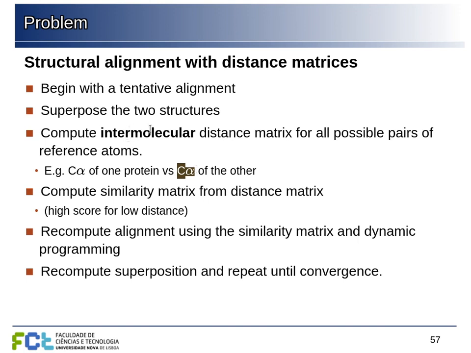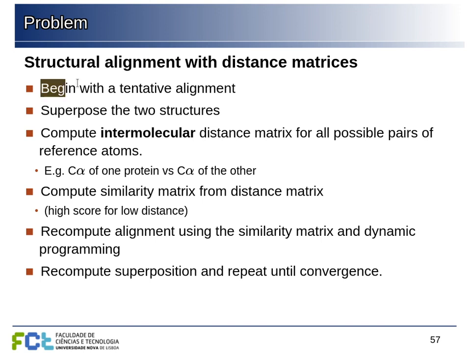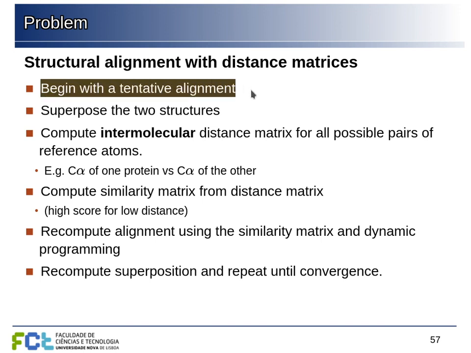We can compute this matrix with all the pairs, but first we have to superpose the two structures as best as possible so that these distances represent an actual difference in the structures. But this superposition requires an initial tentative alignment that tries to match parts of the two structures.